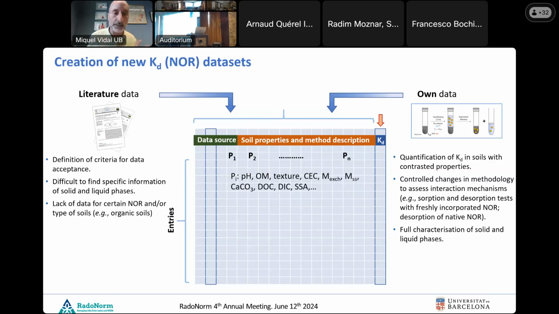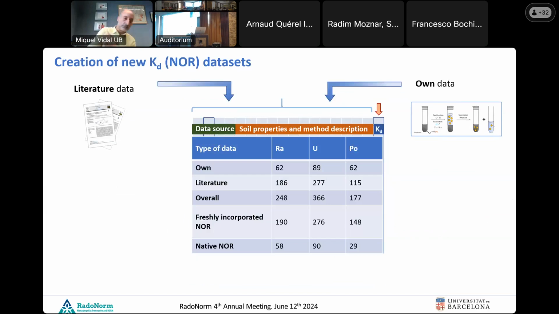So at the end, we have a data matrix with a number of properties such as pH, organic matter, texture, CEC, exchangeable cations, cations in the soil solution, carbonate content, DOC, DIC, etc. And we relate every single property with a KD value for a given soil. So at the end, we have large data sets for these three radionuclides. Now we are dealing with 300 entries for those radionuclides.